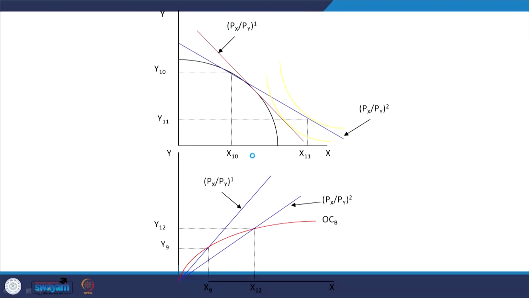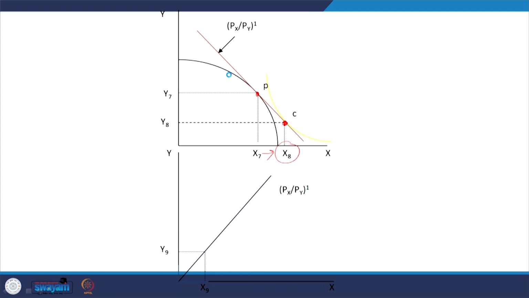The same country is demanding more of X. So, the country might be in a position to produce more, or if by any reason the slope declines. Now, since there is no demand, this is the domestic production. Because of their own consumption, they are demanding more of X as against Y. So, what really happens?